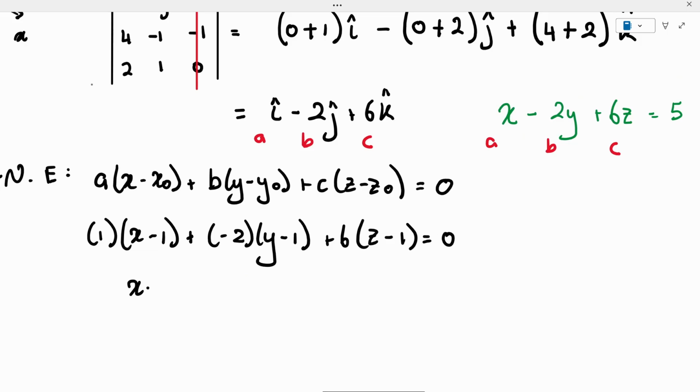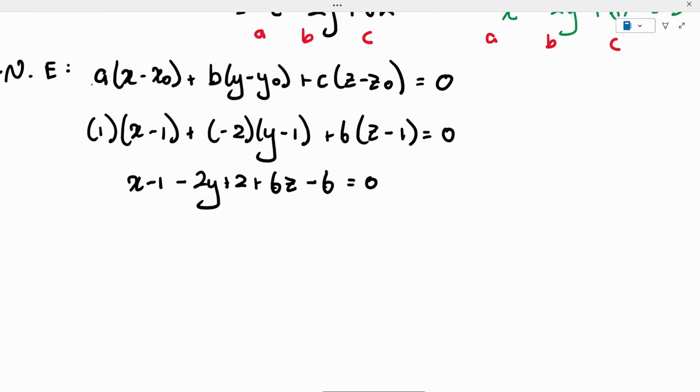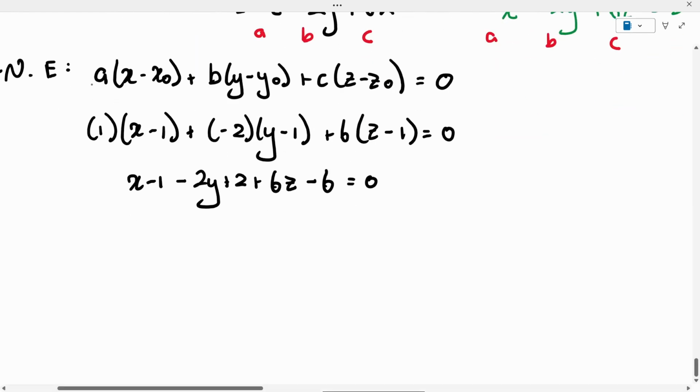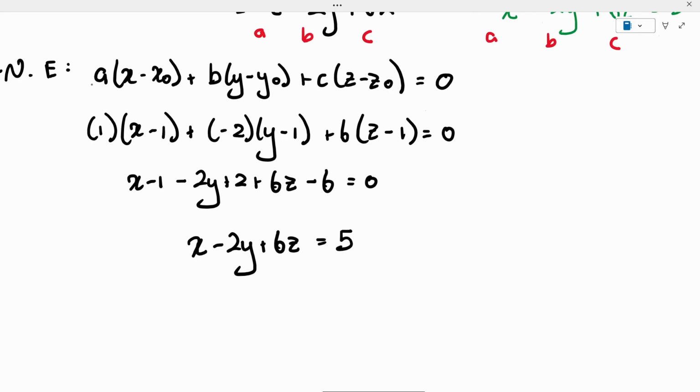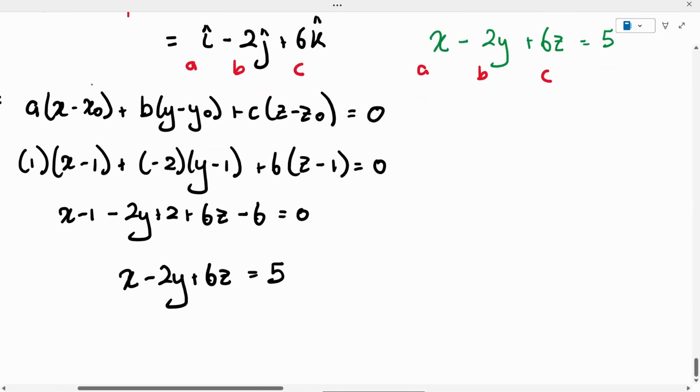So we get x minus 1 minus 2y plus 2 plus 6z minus 6 equals 0. Right? Minus 1 plus 2 is 1. 1 minus 6 is minus 5. We carry that over, we get x minus 2y plus 6z equal 5. Right? So we get the same exact thing we got when we did it the long way.